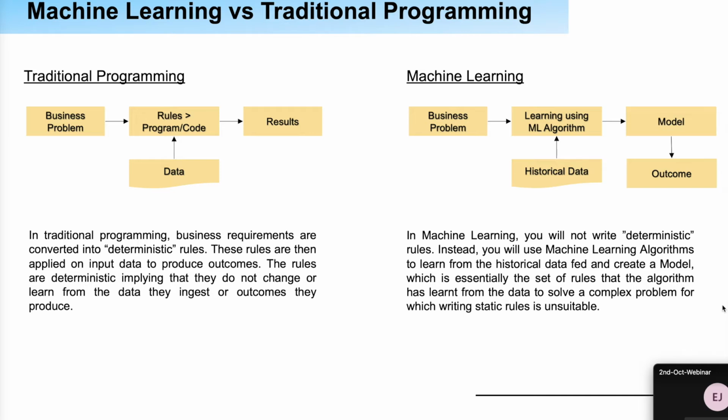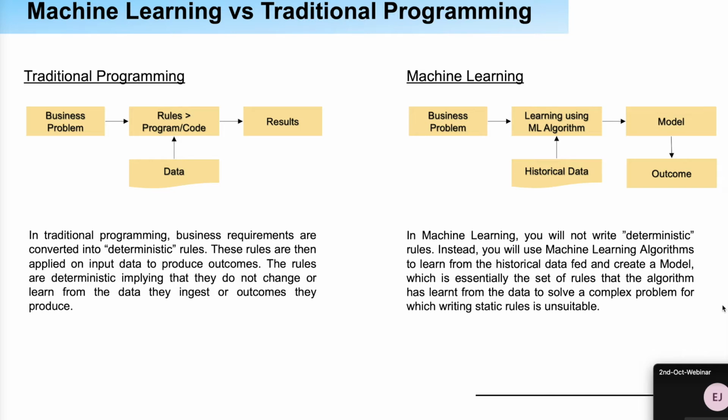There is no role of data except for testing in writing the programs, right? So you know the set of rules, you encode the rules in the program, then you use the data to test whether the rules are correct or not. That is traditional programming. In machine learning or data science predictive analytics modeling, it's completely different.